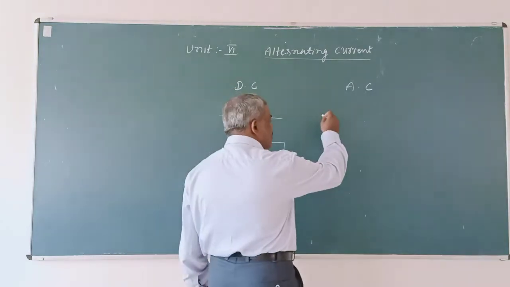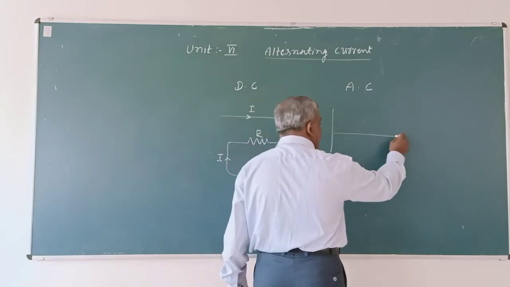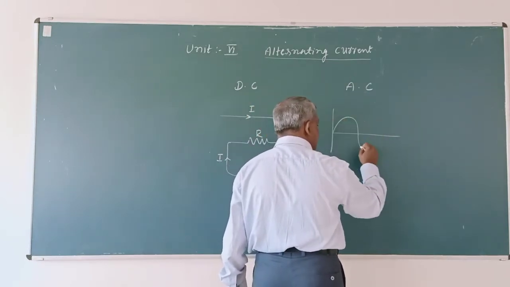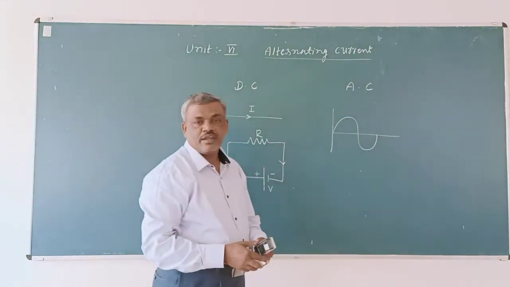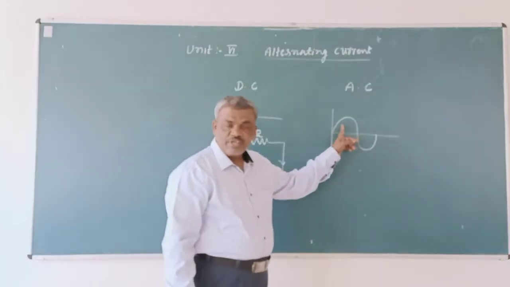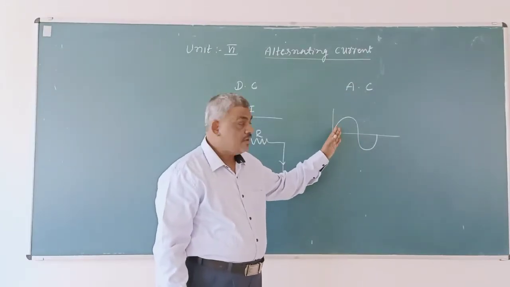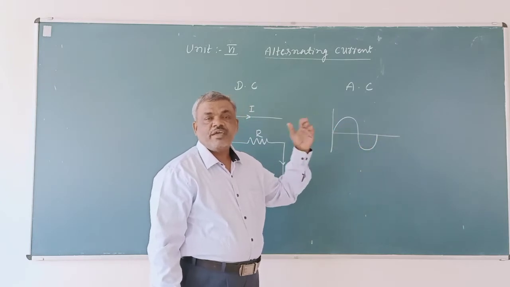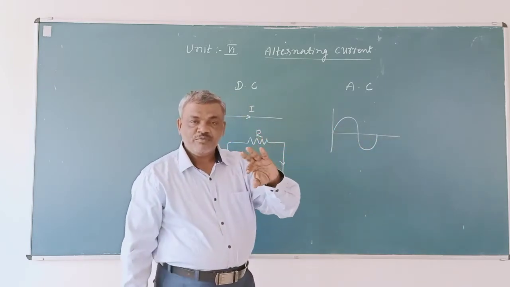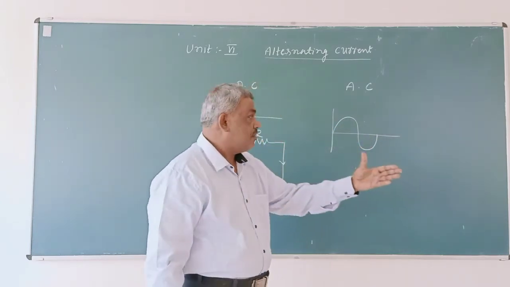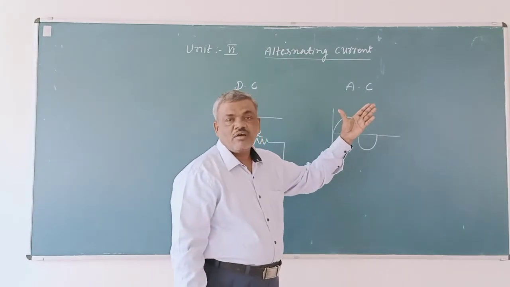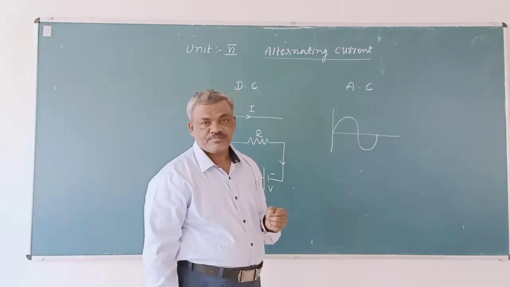The current or voltage varies periodically with time. The current that varies periodically with time is called AC, or alternating current.